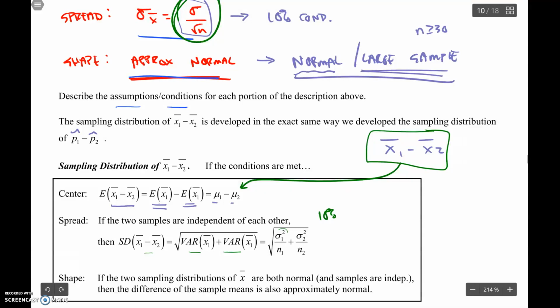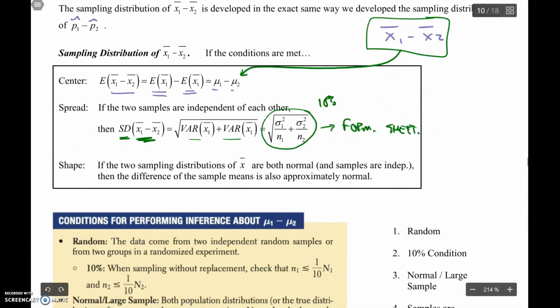So that's the variance of the first sample, plus the variance of the second sample. Add the variances to get the variance of this. Take the square root to get the standard deviation of that. So this is the formula. It's on your formula sheet. Okay? You don't have to memorize it.